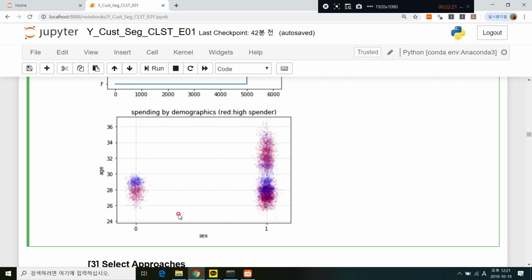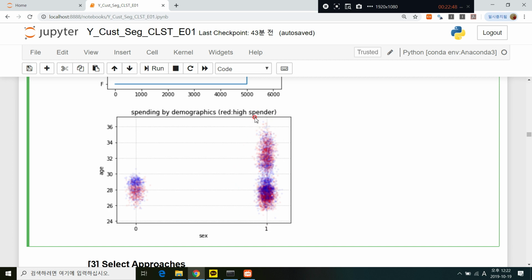Using this two-dimensional space, we plot every customer as a point. Here are lots of points. Then we can easily, visually understand that many customers are female.